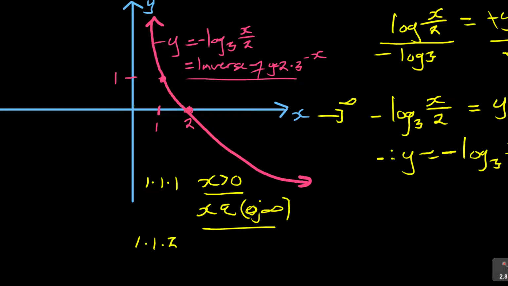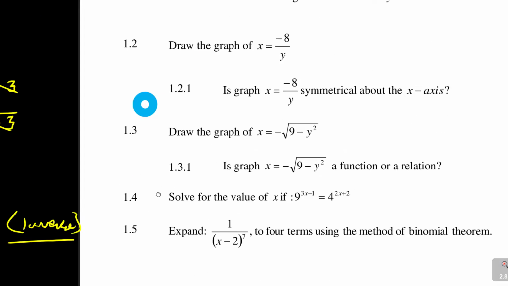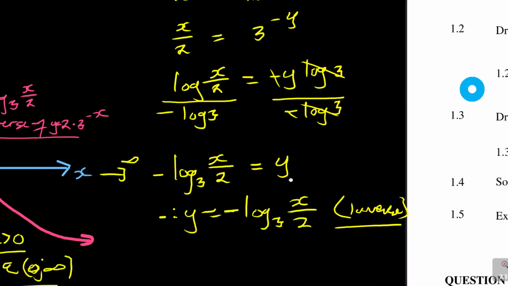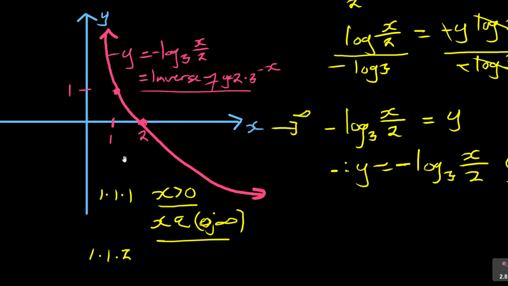1.1.2, what is it saying? It says here, what is the range of the inverse? Now range means the y values. Range is the y values. So you start by saying y is equal to, you can see y here, if you look at this, y is going up and y is going down to infinity, you see?